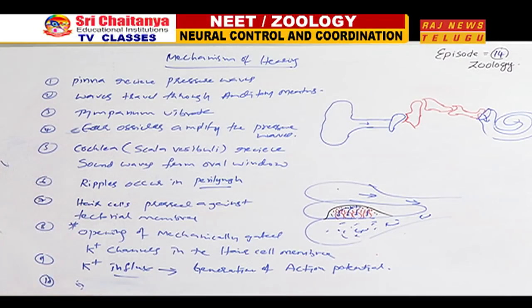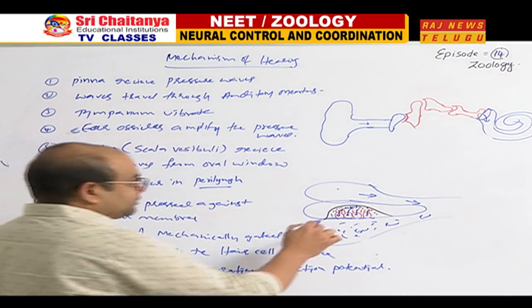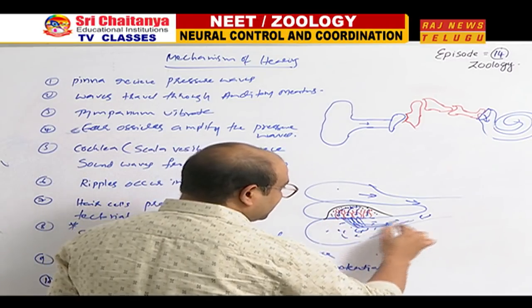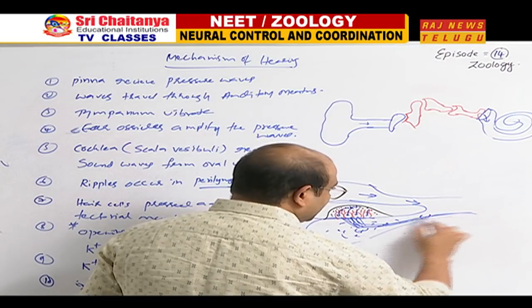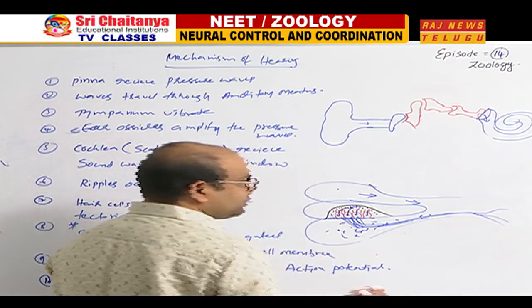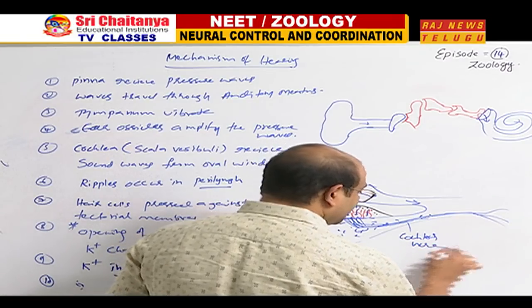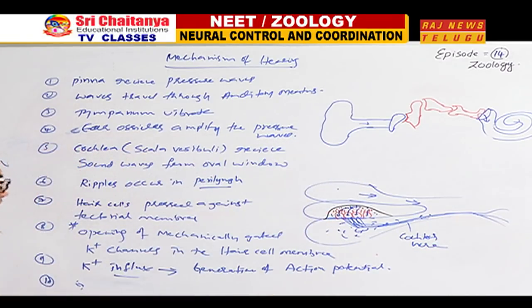So, after generation of action potential, that signal is taken by the cochlear nerve. Action potential is generated at the hair cells.